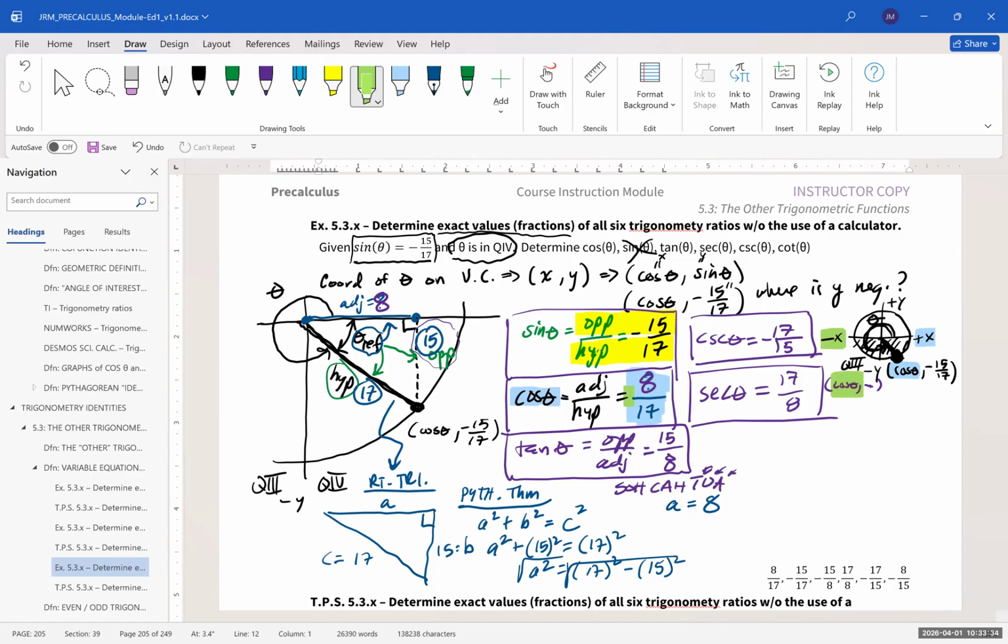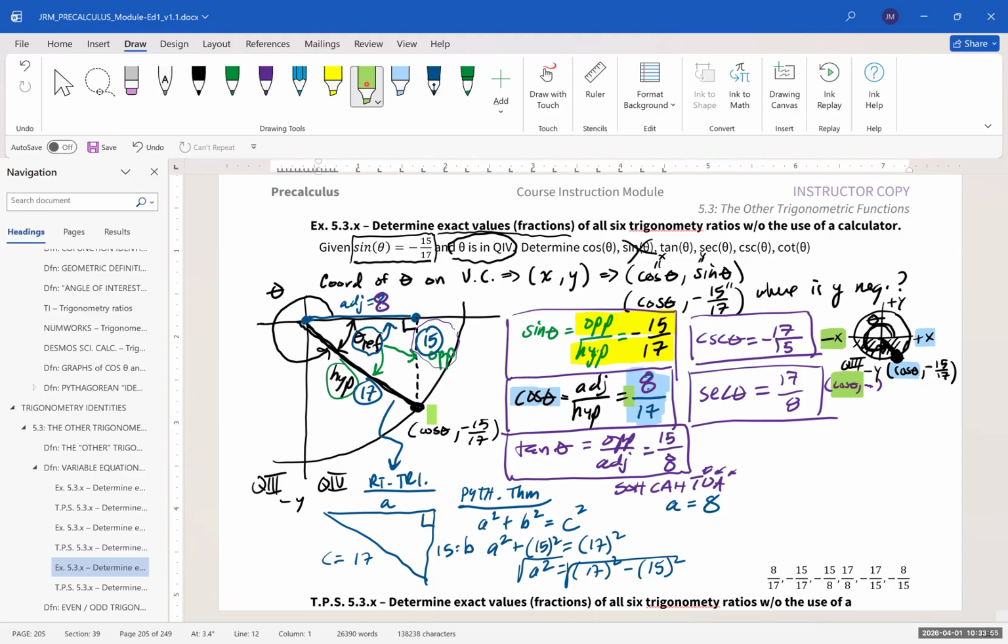Okay. And you'd also have to think about tangent, which I did not think of.